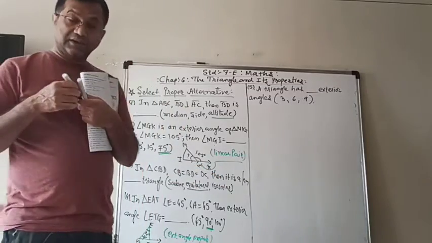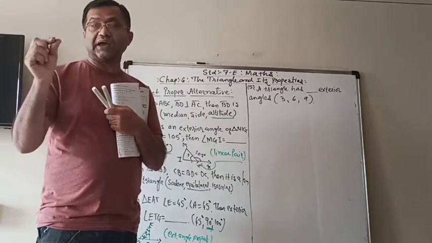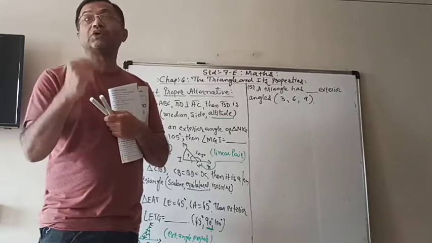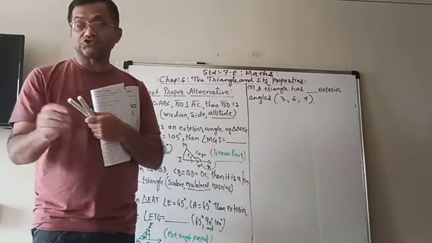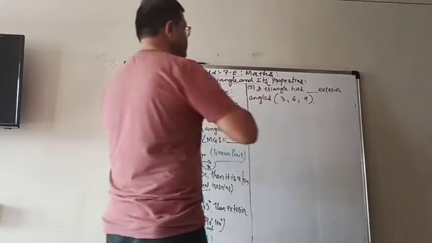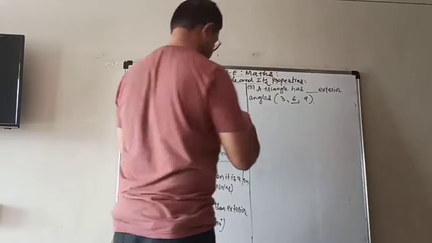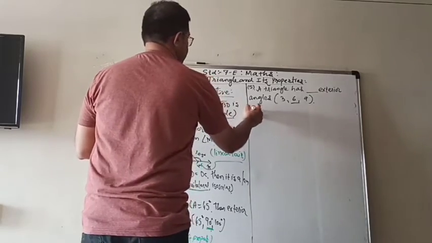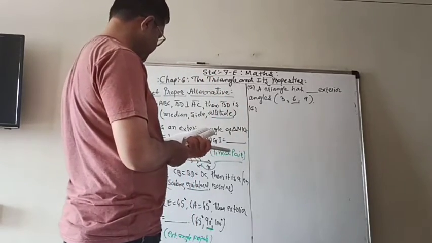When we learned the exterior angle property, we saw that at each vertex we can draw 2 exterior angles. So 2 plus 2 plus 2. There are totally 6 exterior angles.